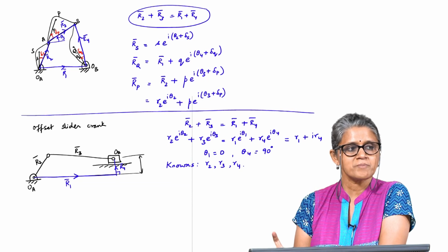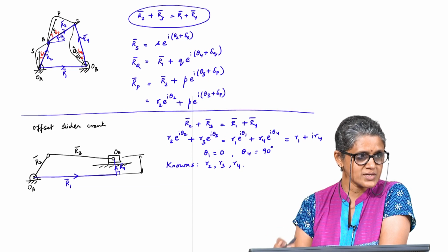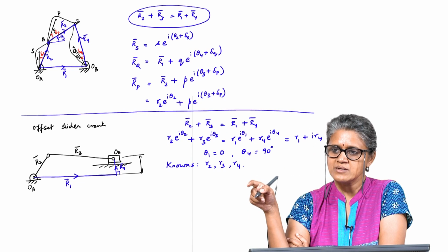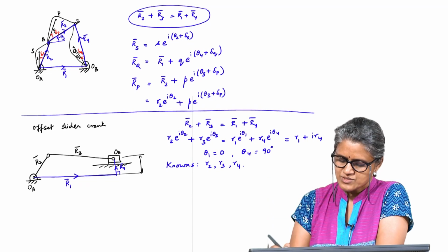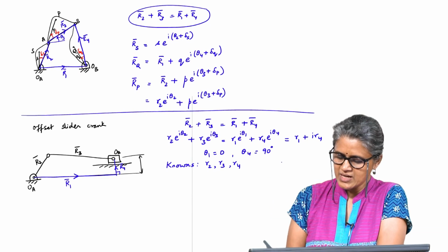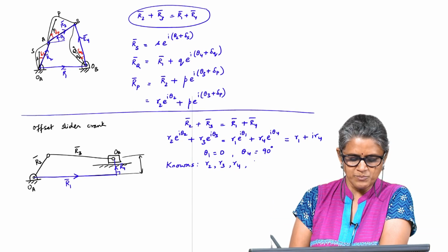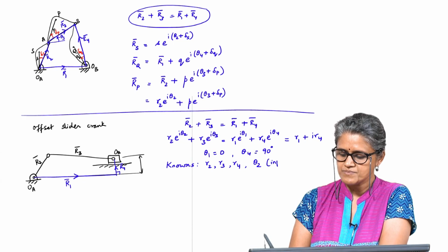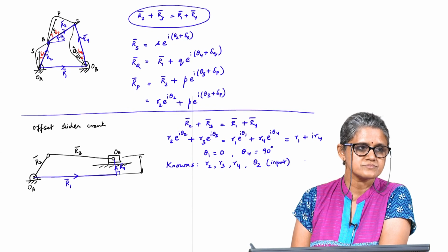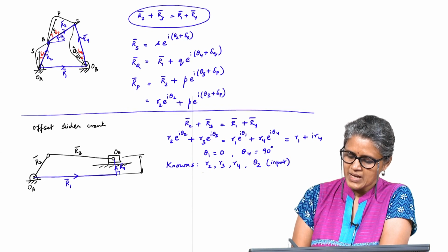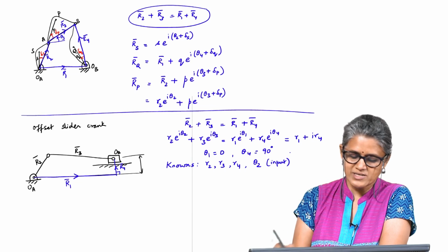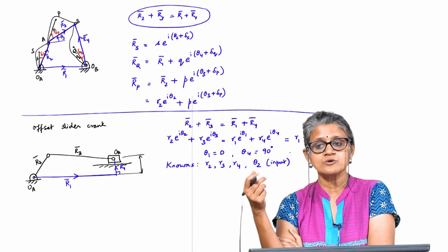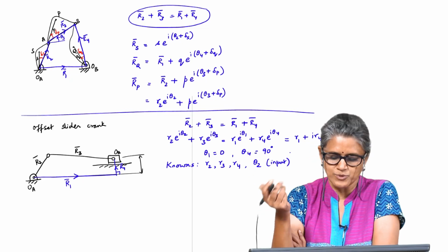In the case of the 4 bar, all 4 link lengths were known. Here R1 is going to be varying. Okay. So, you have the R2, R3, R4 and your input angle theta 2. This will be your input. Okay. And sometimes the motion of the slider block could be the input, in which case R1 is your input.